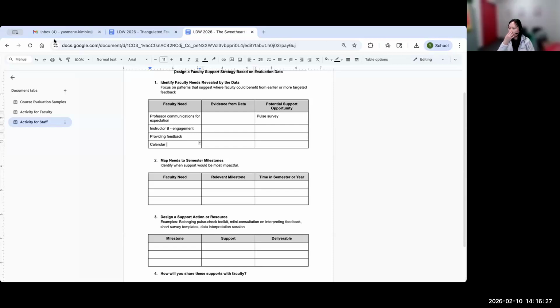I would suggest maybe a check-in with students every quarter, or one third of the semester. Or maybe at the very beginning, to get some expectations from the students, like how often they expect their professors to respond.